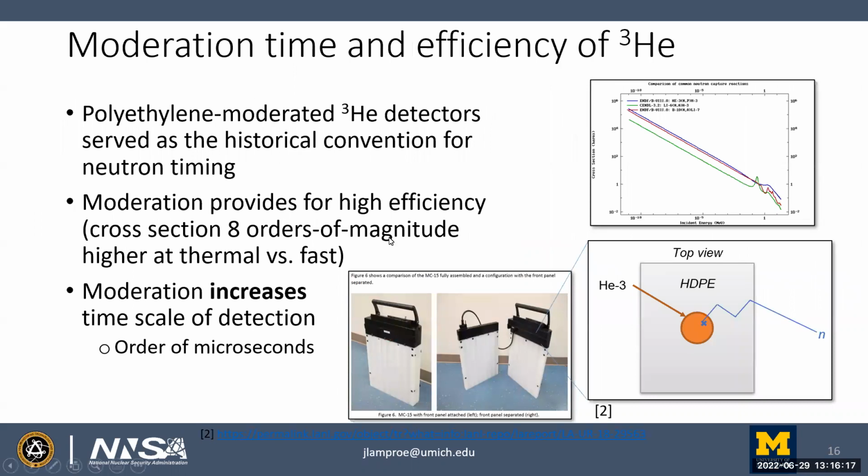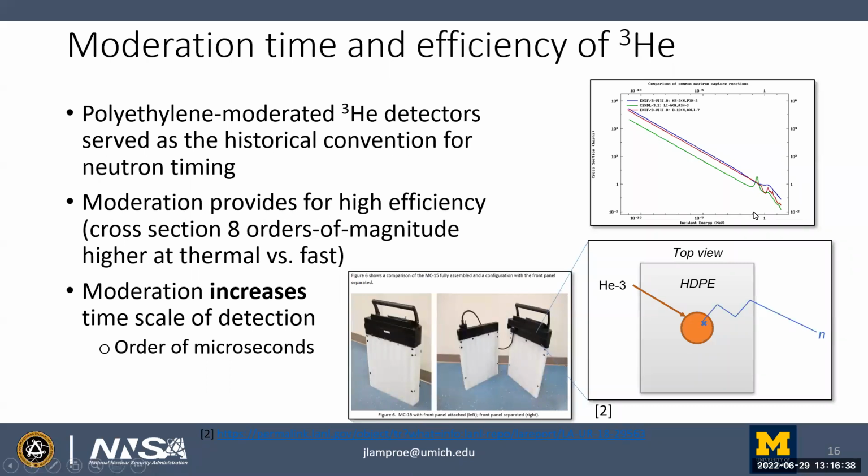And so here we talk about the helium-3 detectors. Polyethylene moderated helium-3 detectors are a very popular neutron detector. You see them a lot out and about, and the moderation provides for high efficiency, because you're slowing down your neutrons. So we bring this plot back.